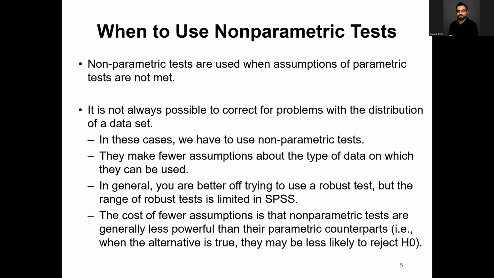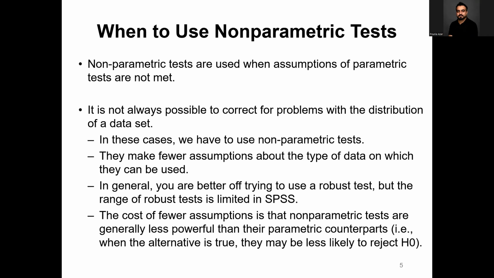So as I said, non-parametric tests are used when assumptions of parametric tests are not met. For example, the assumptions of parametric tests were linearity, normality, homogeneity of variance, independence, and so forth. And remember, when we talked about parametric tests and assumption testing, we mentioned some methods in order to correct data, like transforming data, bootstrapping, and those kinds of methods.